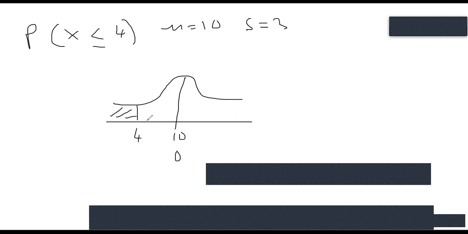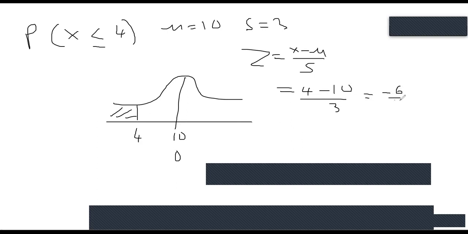So we standardize this 4. How do we standardize? X minus mu over standard deviation. So our X is 4 minus 10 over 3. So this is negative 6 over 3, which is negative 2. Since the shading is small, the rule is that whenever the shading is small, you subtract from what?